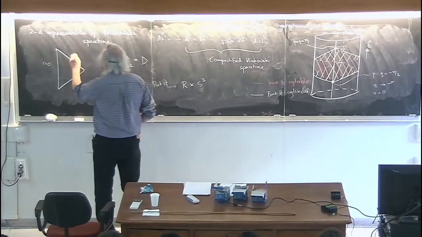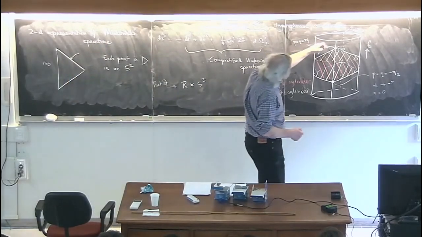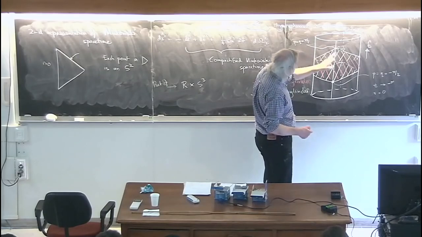This line here corresponds to this line here. It's the past light cone of this point.